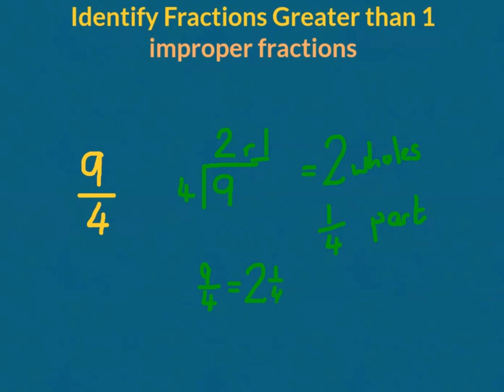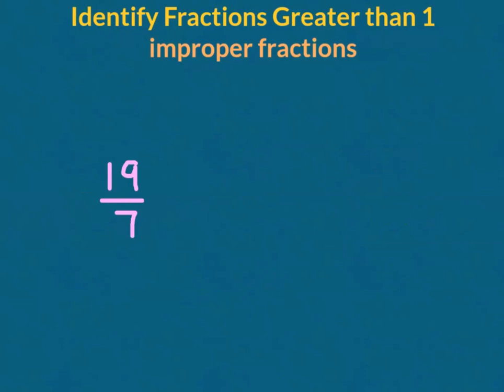Let's have a try. 19 over 7. 19 over 7 is greater than 1 because the numerator is greater than 7. So let's change that into a mixed number. 19 parts, and we're going to see how many times 7 will go into 19. 7 twos are 14. We go in 2 times with the remainder of 5.